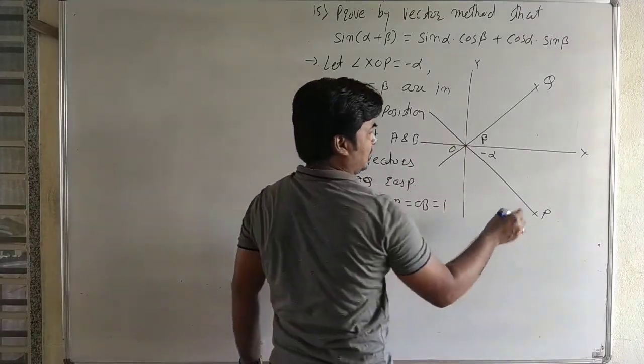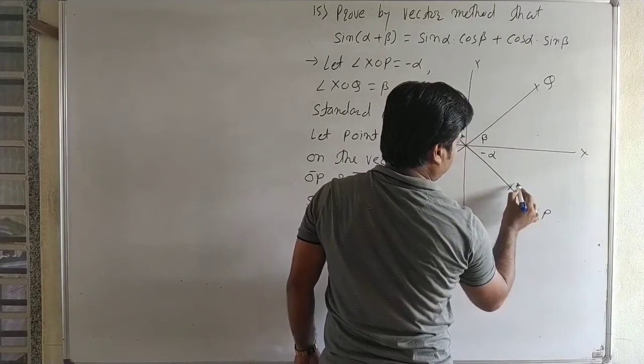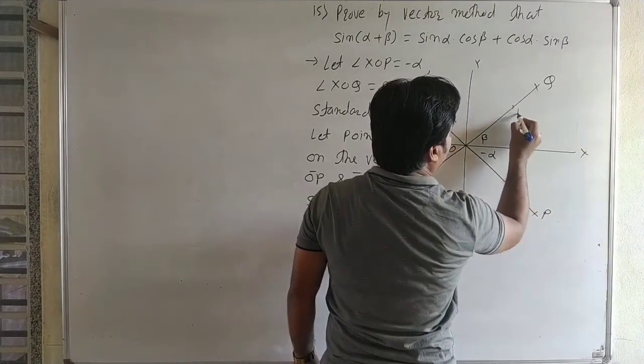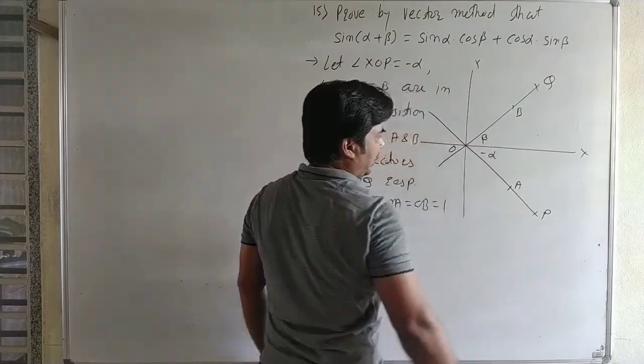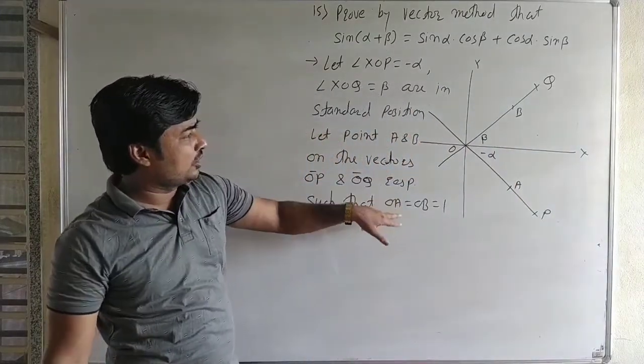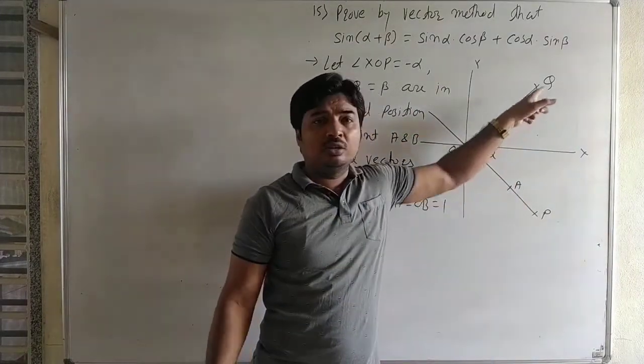Okay, we take the two points. Here suppose here A and here it is B. OB and OA it is 1. We take two points on the vectors OP and OQ.